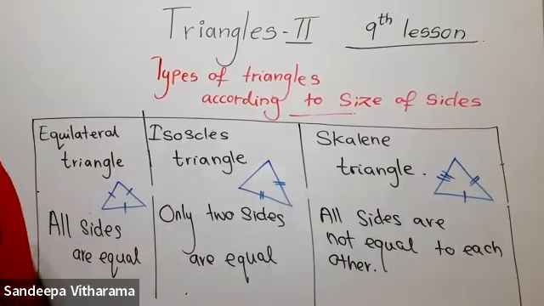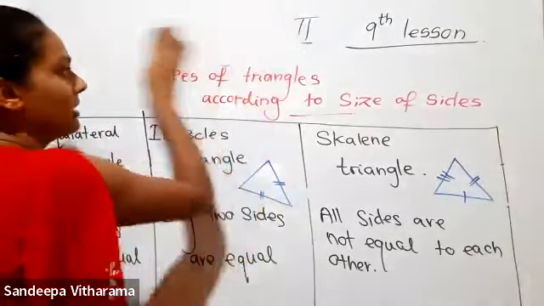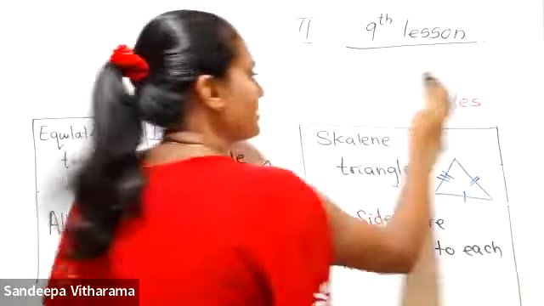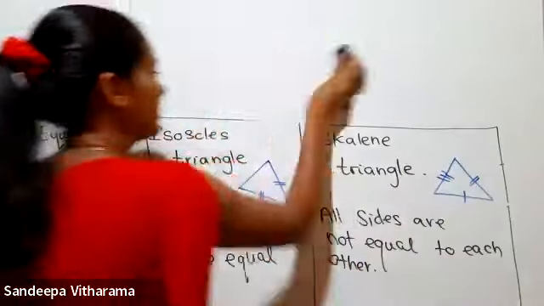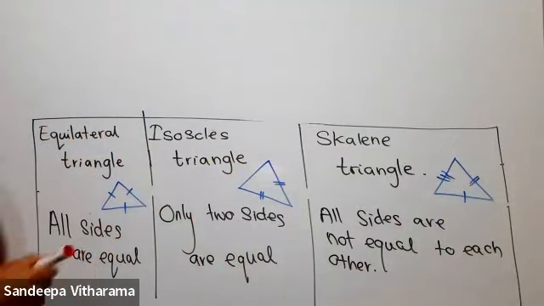Okay, Puti. Then let's move to the next part. Now let's identify the opposite angles to a given side. Write down the next topic.